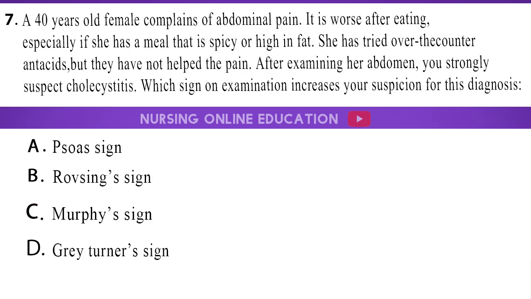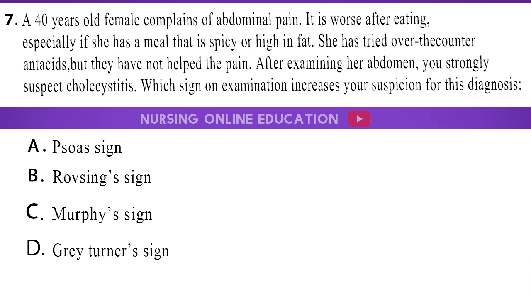7. A 40-year-old female complains of abdominal pain that is worse after eating, especially if she has a meal that is spicy or high in fat. She has tried over-the-counter antacids, but they have not helped the pain. After examining her abdomen, you strongly suspect cholecystitis. Which sign on examination increases your suspicion for this diagnosis?